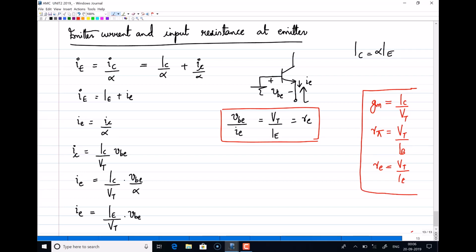Now let us find one more relation from all these. GM and RE relations we know.